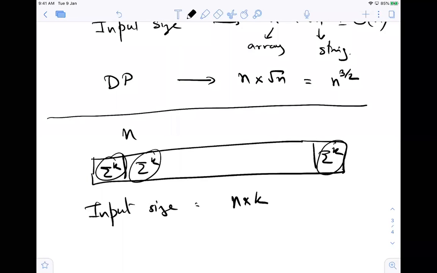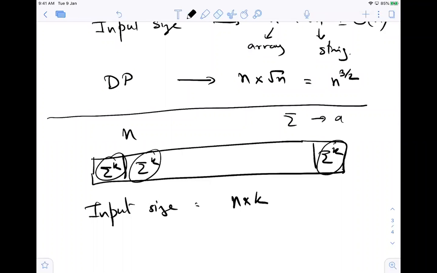What is sigma? Sigma is the alphabet, whatever it is: 0, 1, or ABCD, the English alphabet.